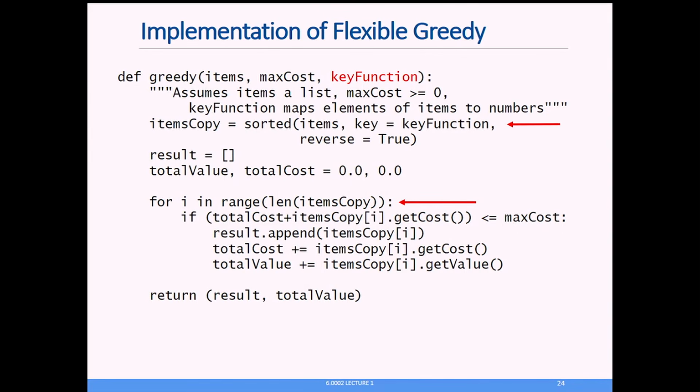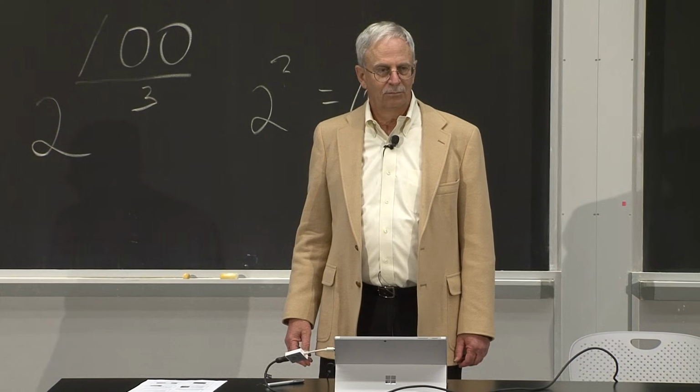And so I'll go through it in order from best to worst. And if putting it in would keep me under the cost or not over the cost, I put it in. And I just do that until I can't put anything else in.